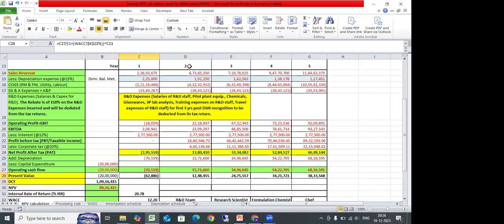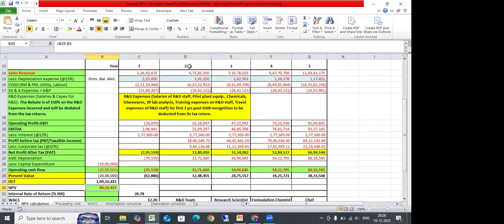That is the total value, the summation of all the 5 years of discounted cash flows. I have not taken the operating cash flows into account. Why? Because they are not discounted. I want much more realistic values. That's why I have taken these values. The summation comes out to be 1 crore 9 lakh 16,000.